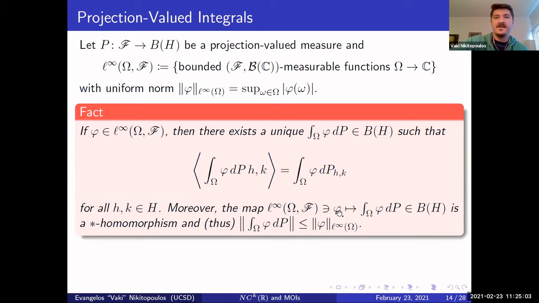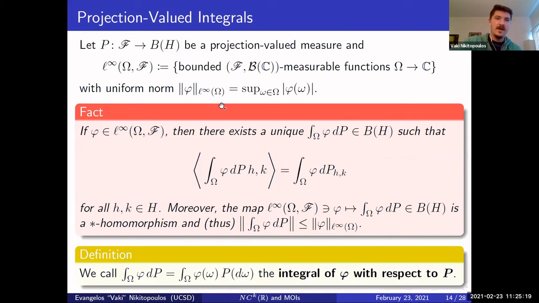Moreover, the map that takes phi to this formal integral of phi with respect to P is a star homomorphism that satisfies this operator norm bound: the operator norm of this operator is less than or equal to the uniform norm of phi. And as the notation suggests, I'm going to call this the integral of phi with respect to P. So that's a little review of projection valued measures and integrals.